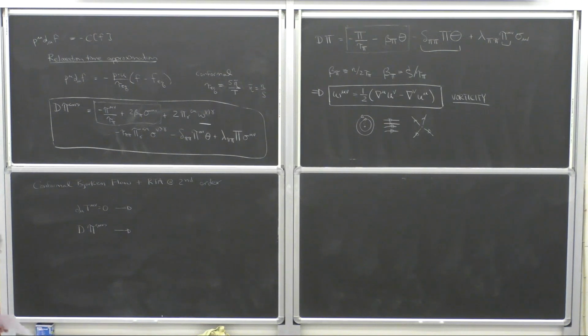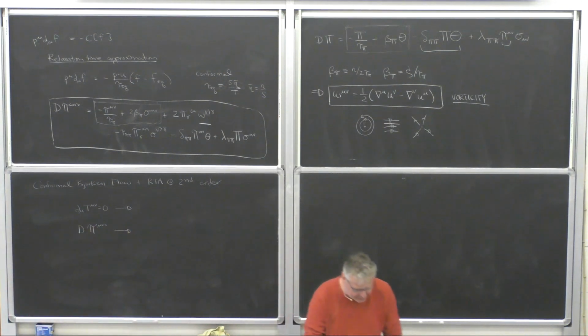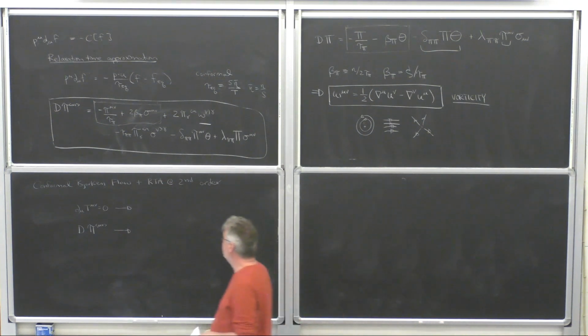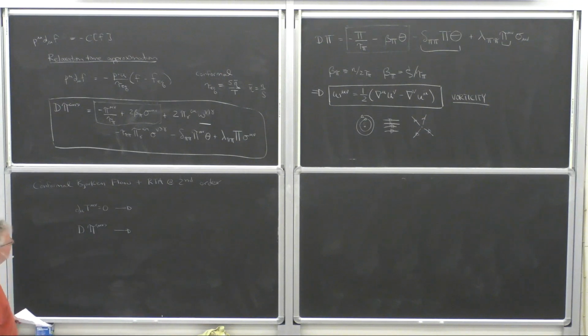And did I miss one? I hope not. No, I did not. Good. All right, so I erased the d mu T mu nu equal to 0 equation, but you maybe remember it in your head. It had that ideal part plus some derivatives of pi mu nu floating around.